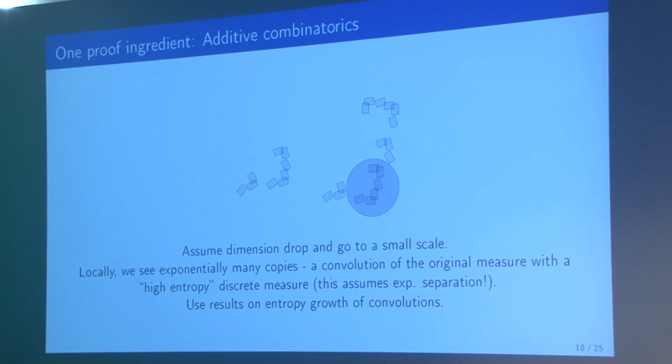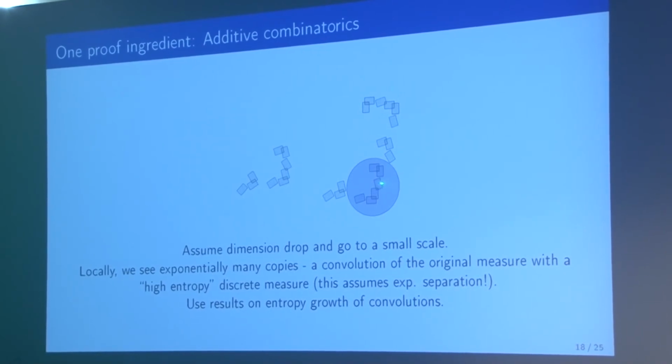And now you're in the world of additive combinatorics, where you take a convolution of two measures, or perhaps the sum of two sets, and you want to say that unless they have very special structure, the size of the set will go up under this addition operation, or some quantitative version of some quantification of smoothness of the measure will go up under convolution.